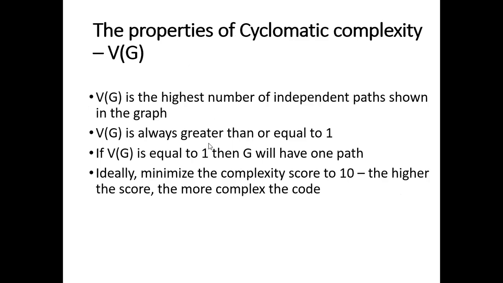Let's talk about the properties of cyclomatic complexity. V(G) is a notation, with G representing the graph. It is the highest number of independent paths shown in the graph. Usually this path count is greater than or equal to 1.